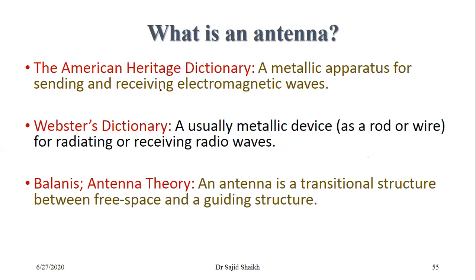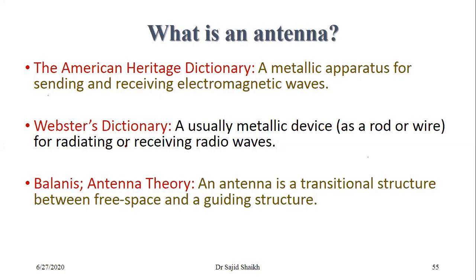The American Heritage Dictionary states that an antenna is a metallic aperture for sending and receiving electromagnetic waves. Aperture means it's like a hole, right? So it is a metallic aperture for sending and receiving electromagnetic waves.